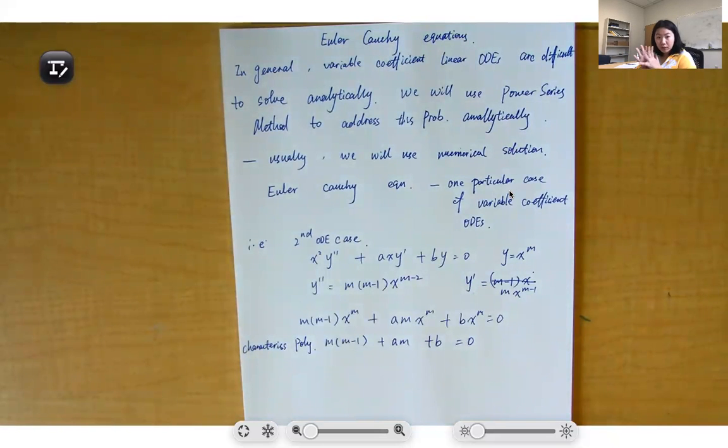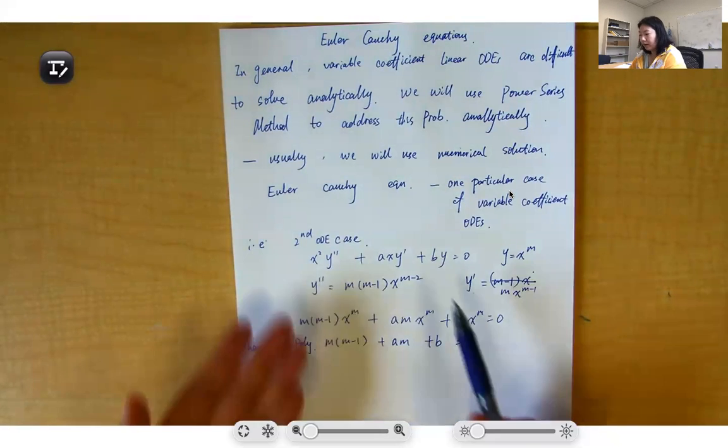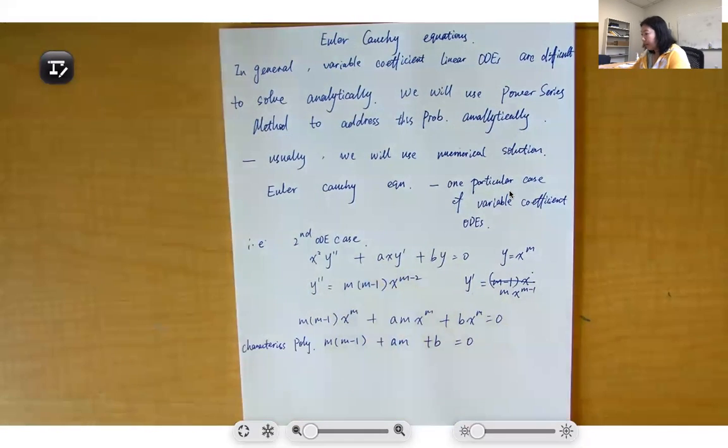In order to get the two linearly independent solutions for the Euler Cauchy equation, you need to solve this characteristic polynomial to get the roots m so that you can write the final general solution or homogeneous solution for this particular case, right?